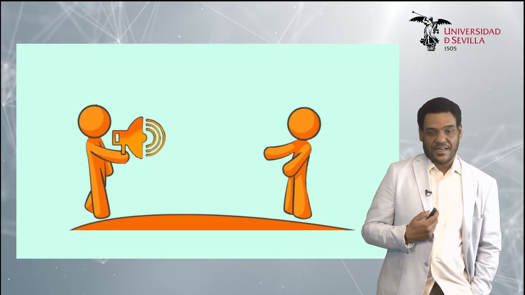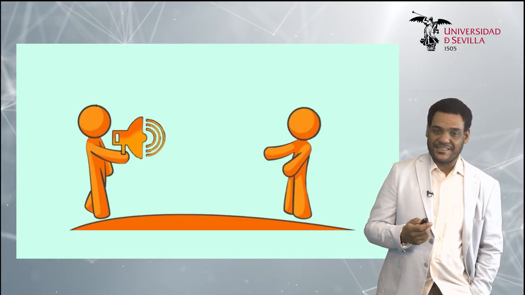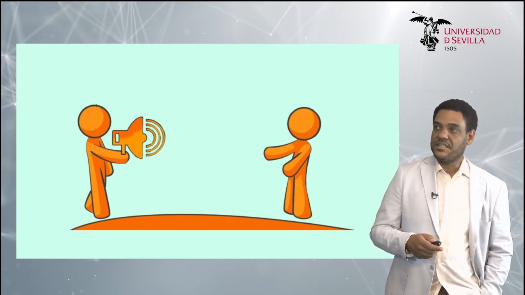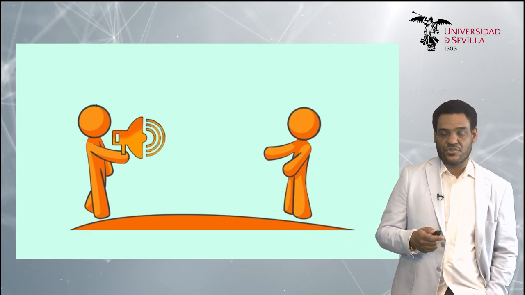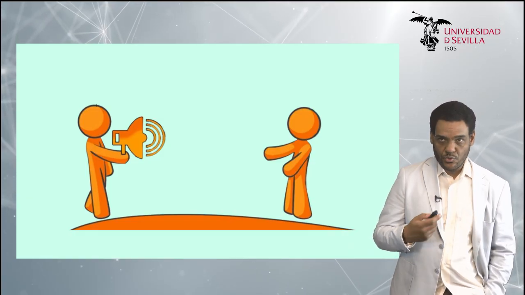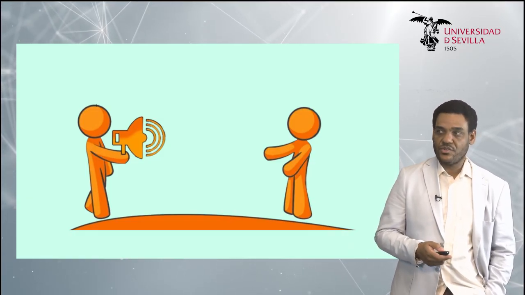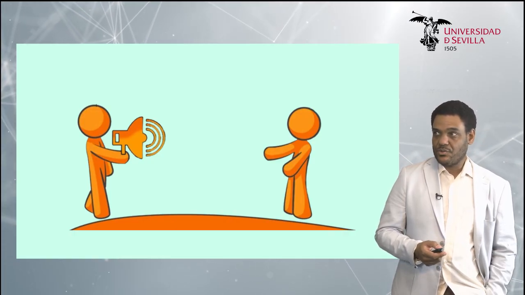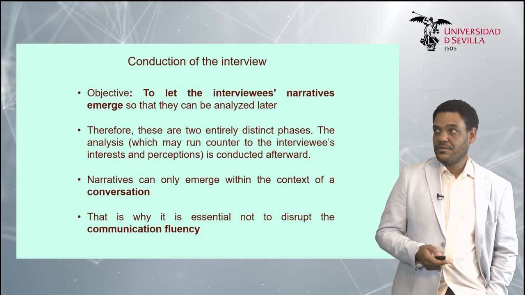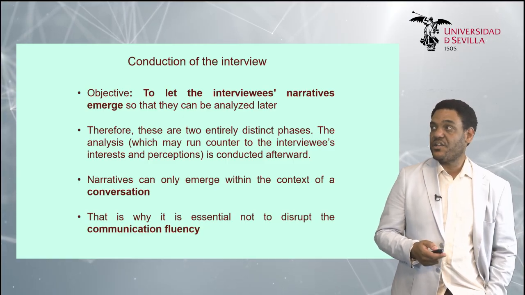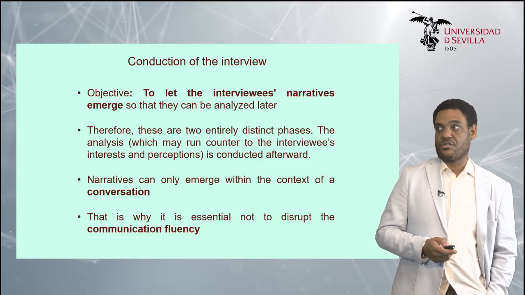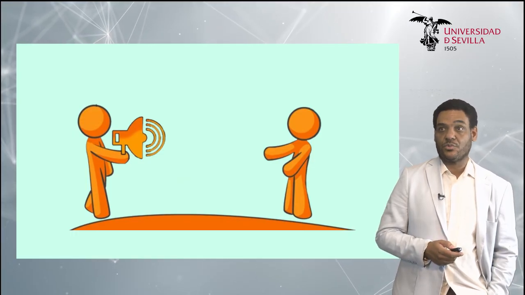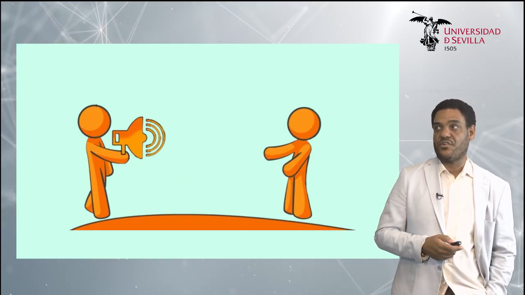So as interviewer, we have to maintain a dialogue, but an asymmetric dialogue, in the sense that it's very important that the person who speaks the most is the interviewee, because what we want is to let the interviewee's narrative emerge. So it's important that the person who talks more is the interviewee.